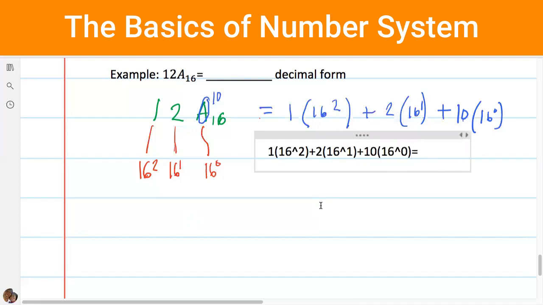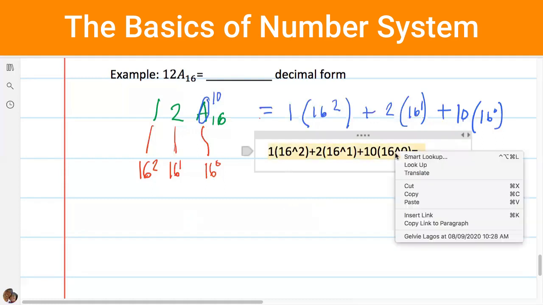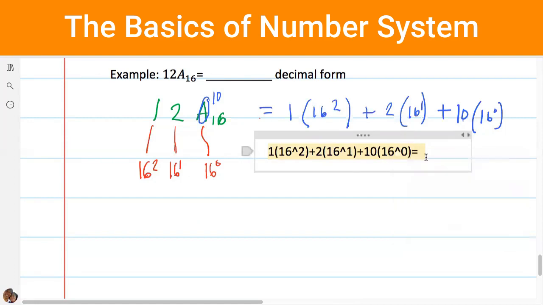Press equal sign. Let's do the math here. What is 16 squared? What is 2 times 16? What is 10 times 1?